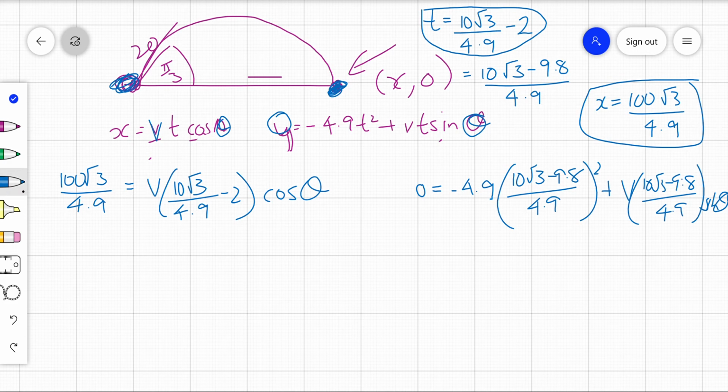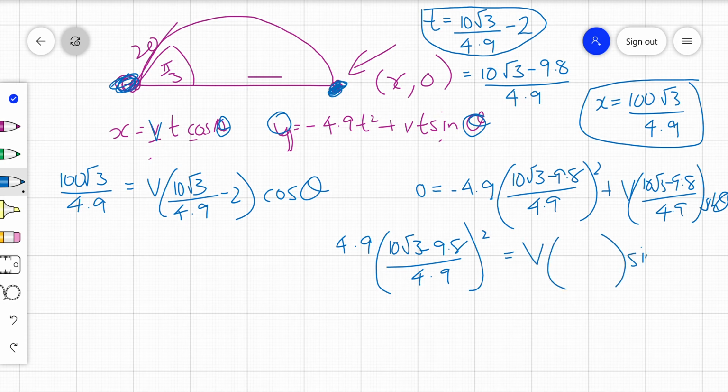So if I put the 4.9 part, this first term, on the other side, I have 10 root 3 minus 9.8 on 4.9, and that's squared, and then I've got v times sine theta. So that's my second equation, and up here is my first equation.